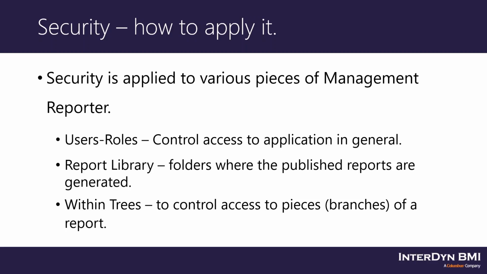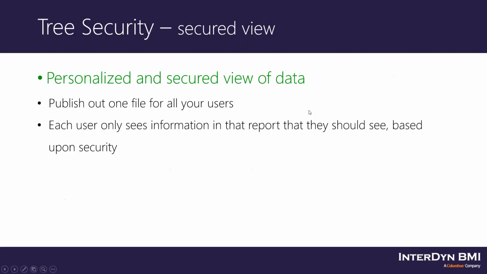So when they open that report, they can only open the pieces of the report that you have given them rights to. It allows you to generate the report in total for the entire company and only have to generate it once. Then when you publish that report and give rights to it, as people open it, they can only open the pieces that you gave them rights to. Okay, so we're going to show you how to do that too.